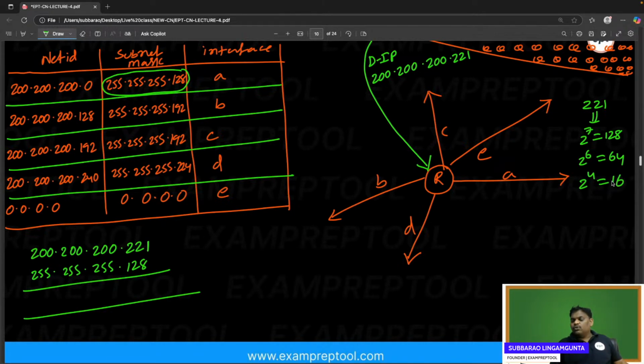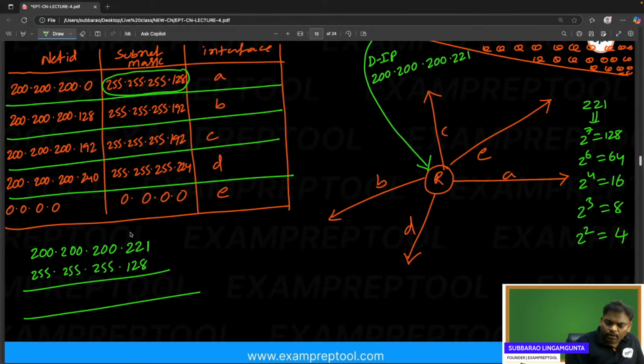From 29, if you remove 16, 13, then 2 cube is 8, and 2 square is 4. Actually, this much is really not required.